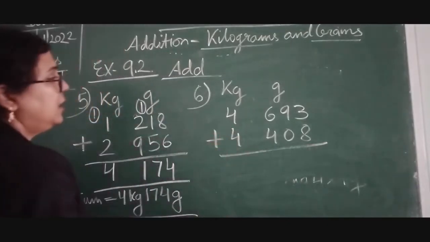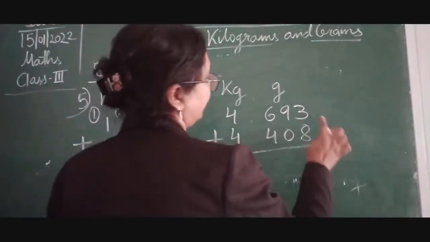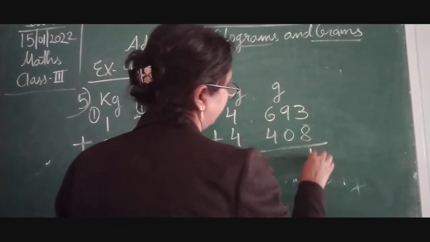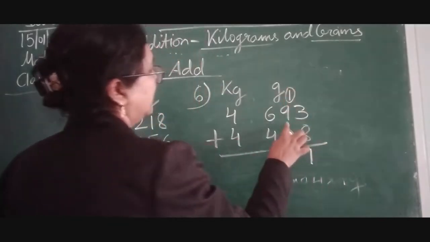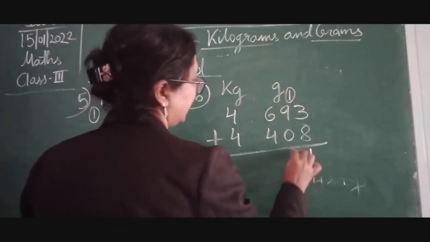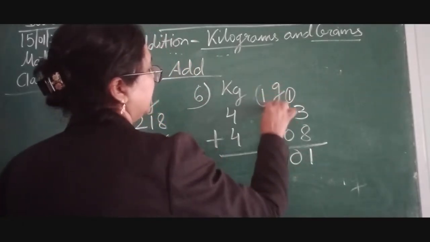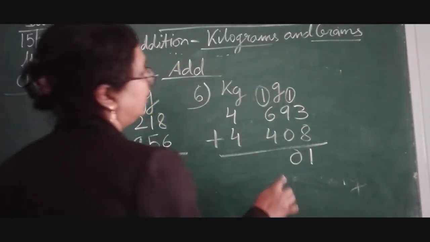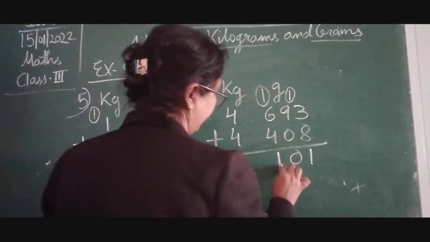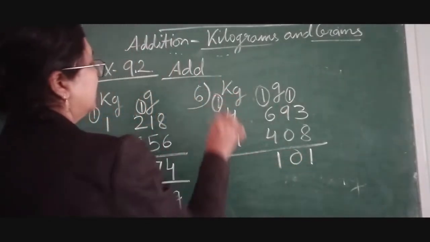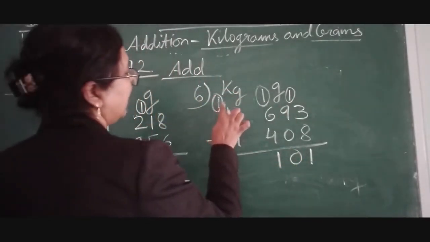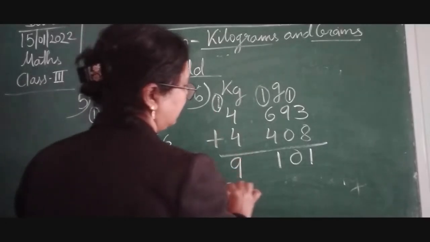Now let's add 8 and 3, 9, 10, 11. 1 is carryover. Now 9 and 1 is 10, okay. 1 is again carryover, 6, 4, 10 and 1 is 11. 1 is carryover, 4, 4, 8 and 1 is 9.